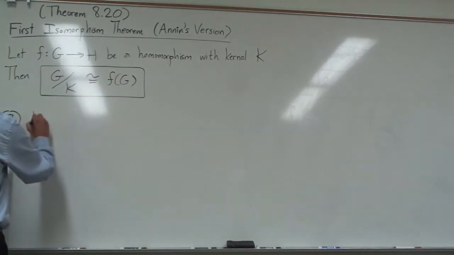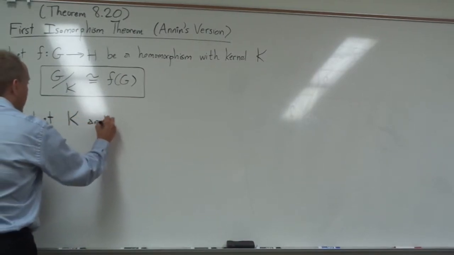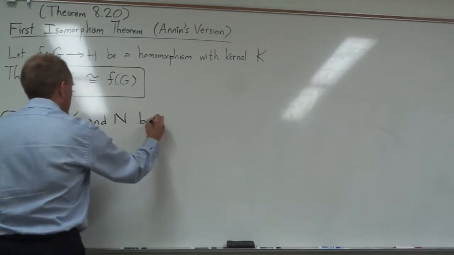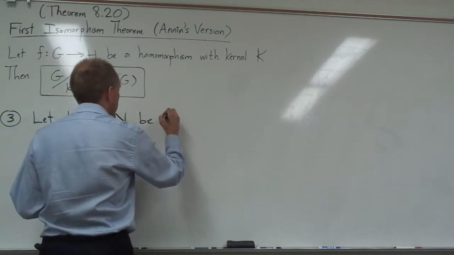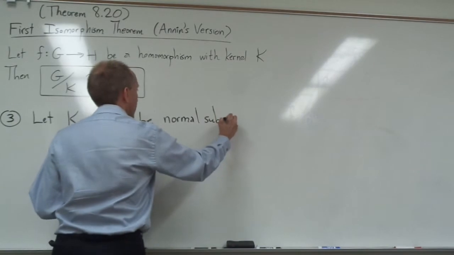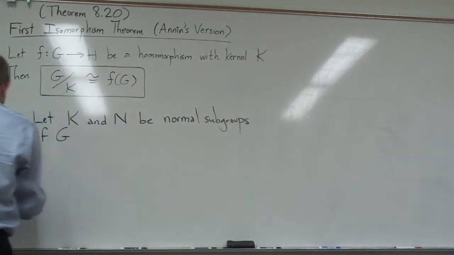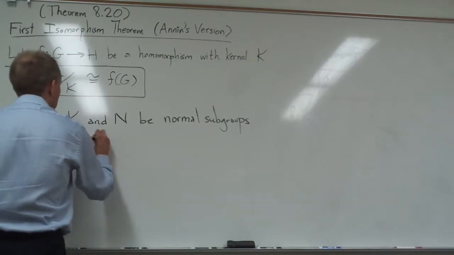Okay, so here's what it says. Let K and N be normal subgroups of G, with the following relationship.